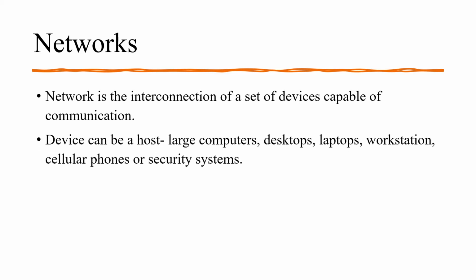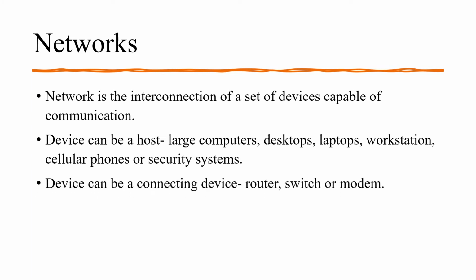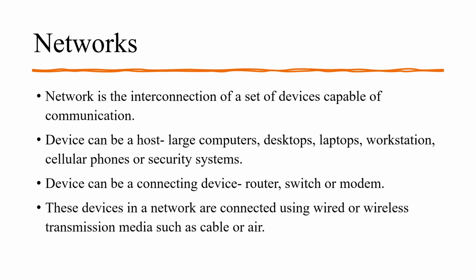A device can also be a connecting device such as a router, which connects the network to another network, a switch, which connects two devices together, a modem, which is also called a modulator and demodulator, which changes the form of data, and so on. These devices in a network are connected using wired or wireless transmission media such as a cable or air.